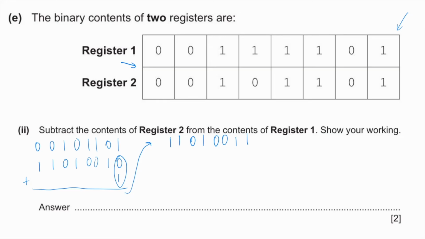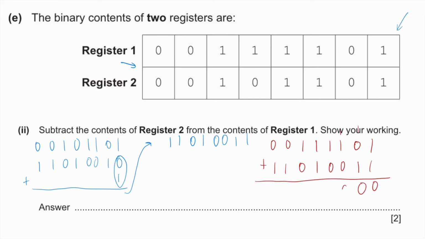So now that we've done that, we can go ahead and set up an add. I'll just do this in a different color: 0, 0, 1, and we've got 4 1s, 0, 1, plus 1, 1, 0, 1, 0, 0, 1, 1. So if we go ahead and do that, we have 0, 1, 0, 1, 0, 1, 0, 1, 1, 1, 0, 1.